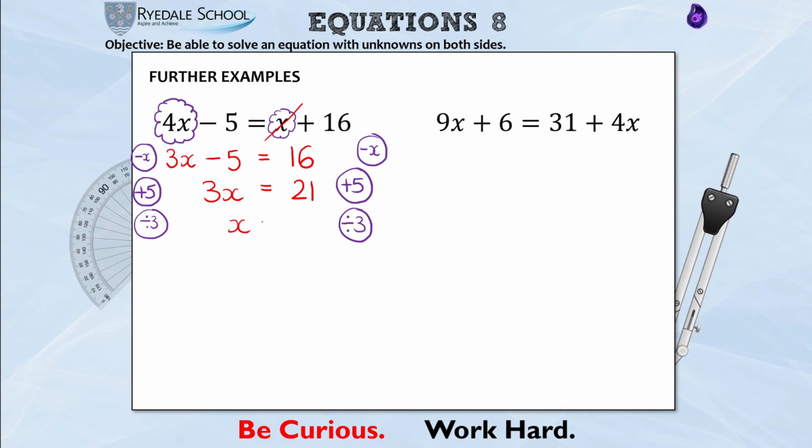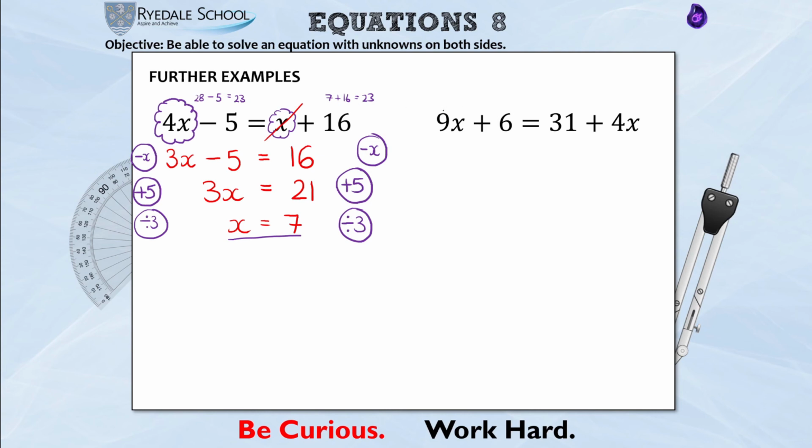Dividing by 3 gives x equals 7. And again, if you want to check this, you can. If I go back to the start, if x is 7, 4 sevens is 28, and 28 take away 5 is 23. If I look at this side of the equation, if x is 7, 7 plus 16 is also 23. So these two sides of my equation are equal.